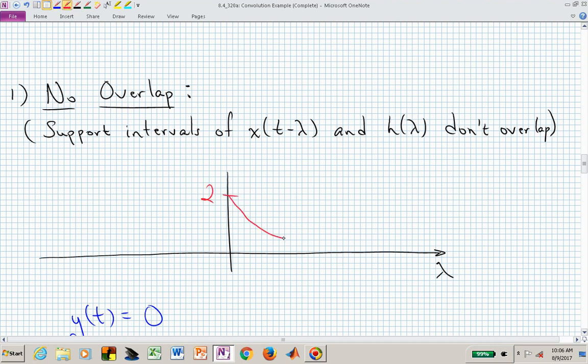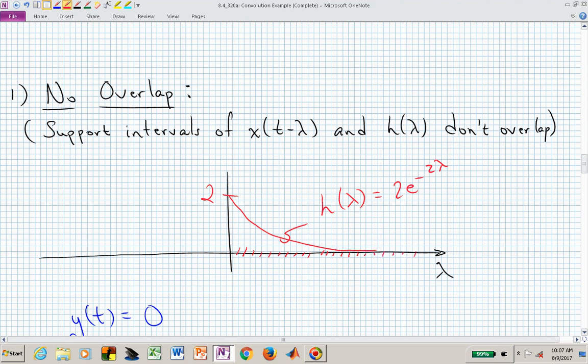And my diagrams may not be very accurate, but there's h, which is now 2e to the minus 2 lambda. And what we want to do now is show where there actually isn't any overlap. Here's the interval of support for h, and it just goes on and on.